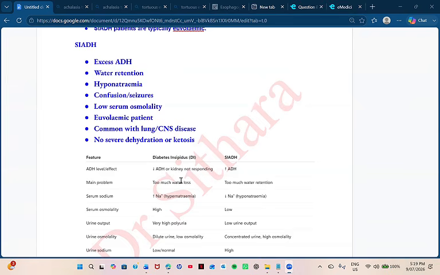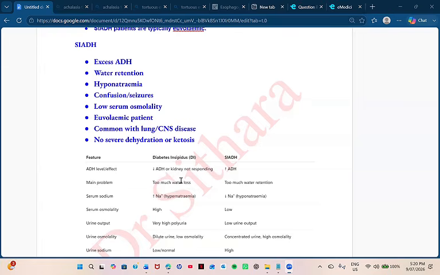ADH is increased, then the kidney reabsorbs more water, then the blood becomes diluted. Because of that dilution, the serum sodium level is decreased. Then the body excretes sodium in urine to maintain the volume, so there is high urine sodium because of that.